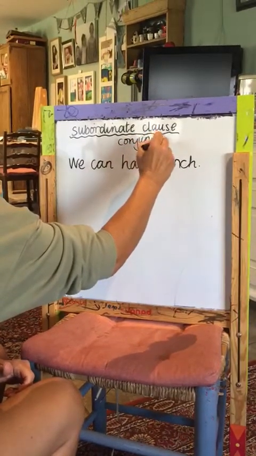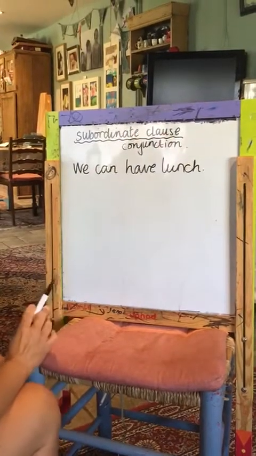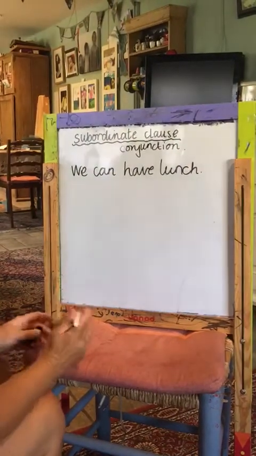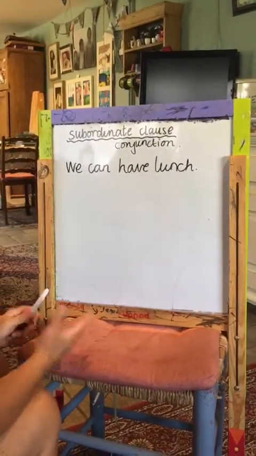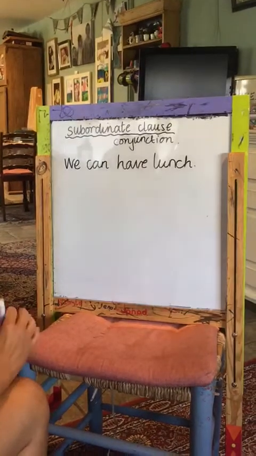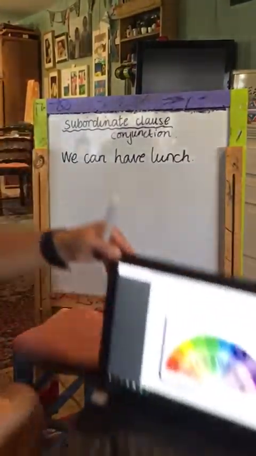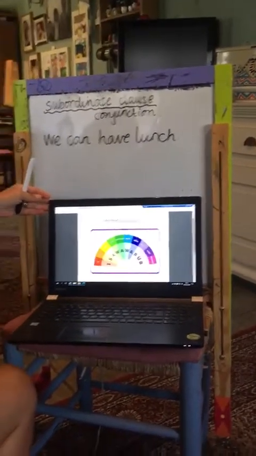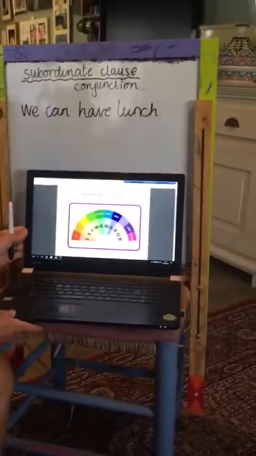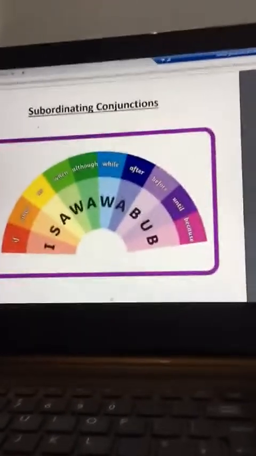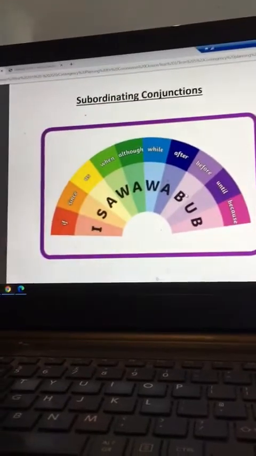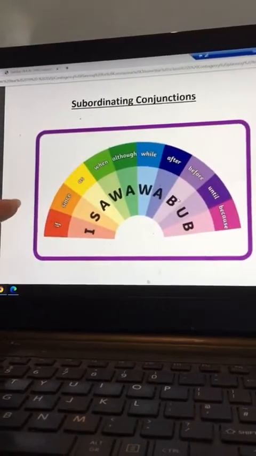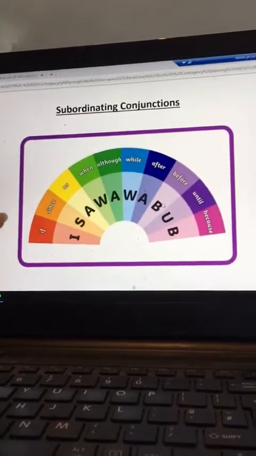Now, there's quite a few that we could choose from, and one of the things I'm introducing you to this week, or for some of you it will just be reminding you, is something called I saw a wabab, which is just a way of remembering. I don't know if you can see this on the screen. This is something that will be on your Tuesday links, and this just introduces you to conjunctions that you could use.